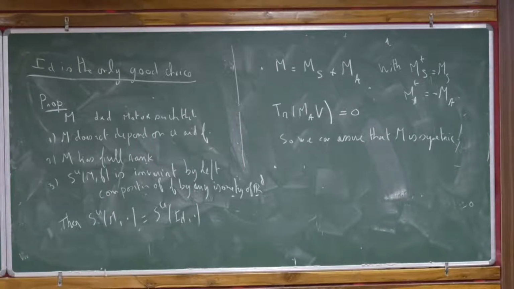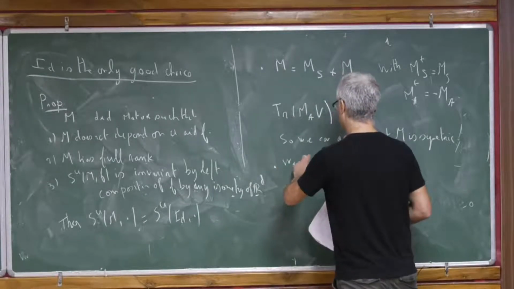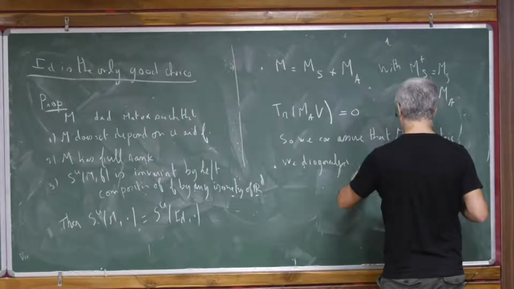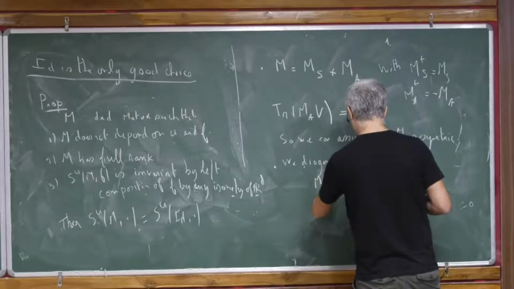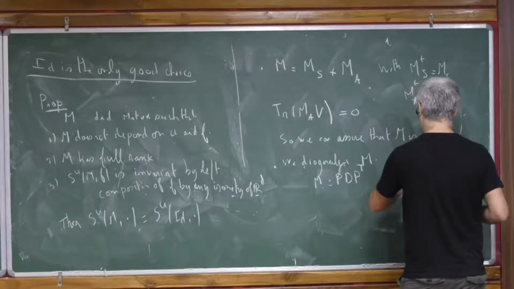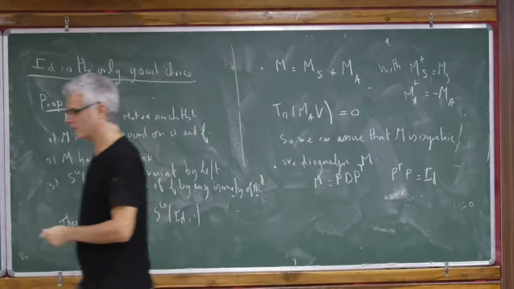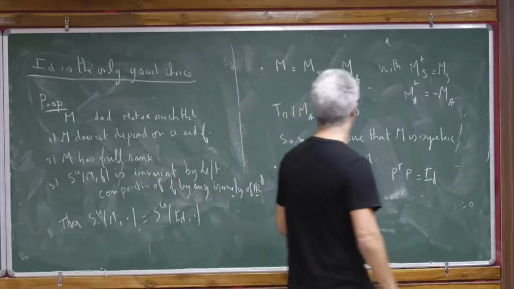So I can write M as P D P transpose with P transpose P equal to the identity, and D is diagonal.